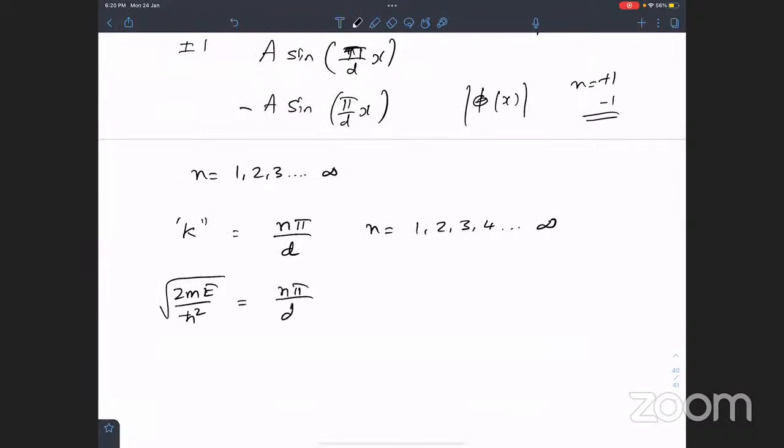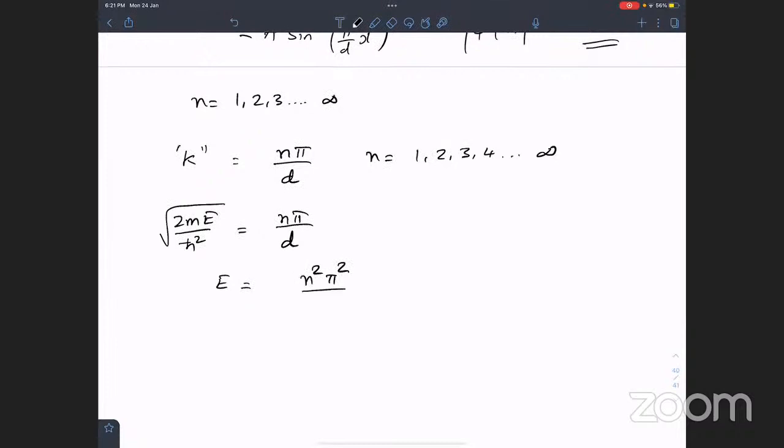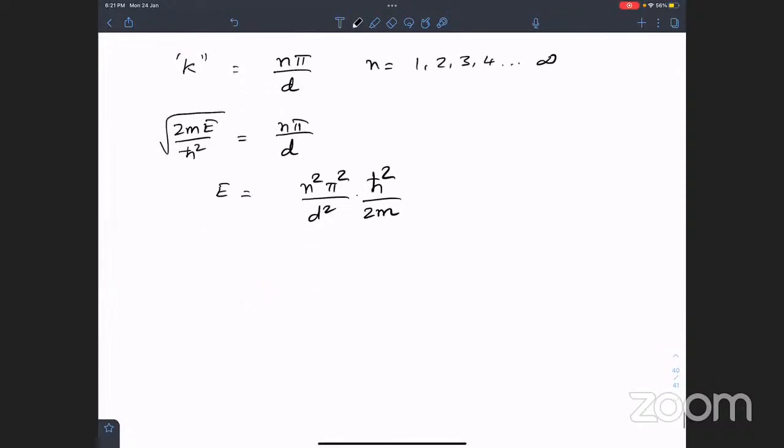Then it can only take the value n pi by d, and so I can say that E will take the value n squared pi squared h bar squared by 2m d squared. So E can only take discrete values. We got this, right? This n squared pi squared h bar squared by 2m d squared.